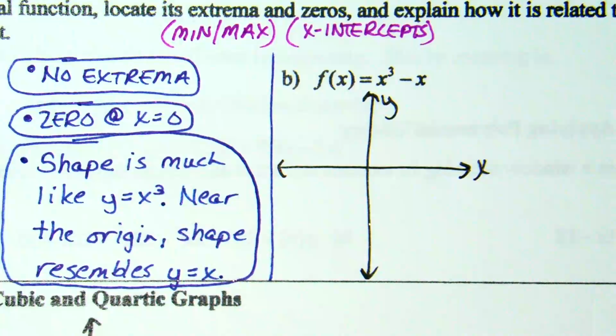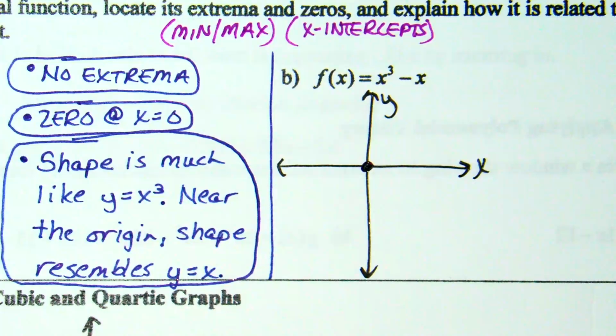So if we try a couple of values like earlier, if I plug in 0, 0 cubed minus 0 is going to be 0. So you have a point at (0, 0). Okay?